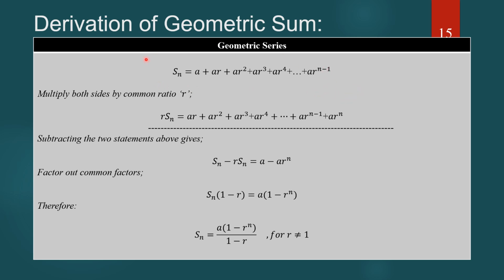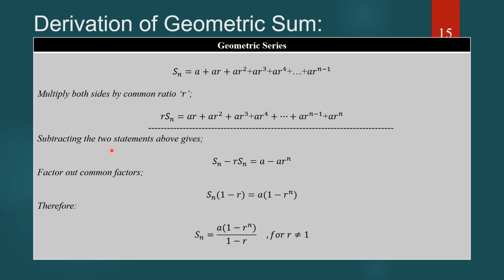So if you look at the general expression and multiply both sides by the common ratio r, you will get on your left hand side r multiplied by Sn. Then you multiply each and every term of the series by the common ratio, and we end up getting that.